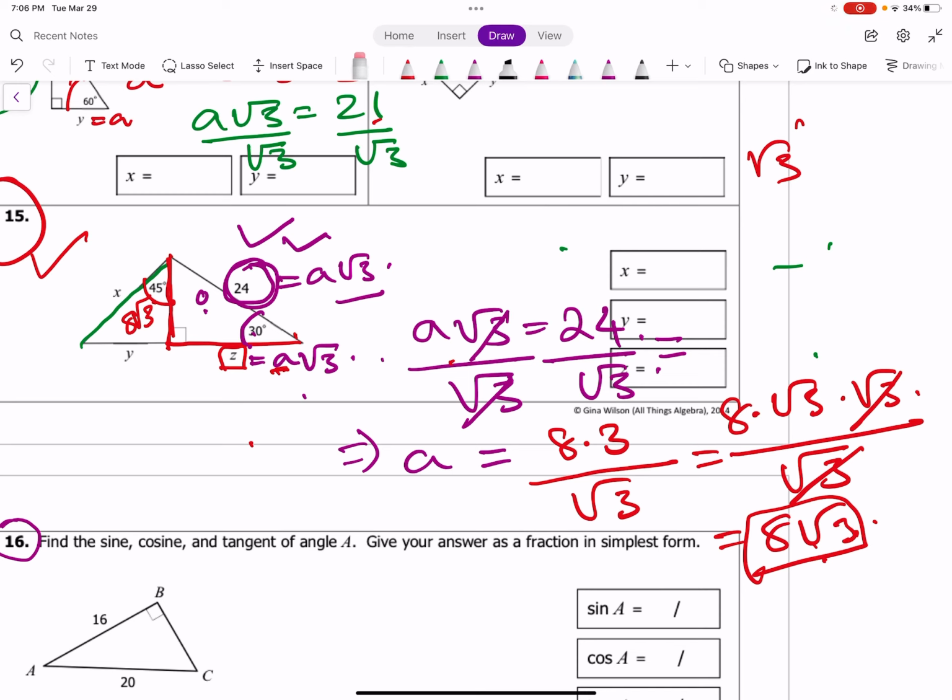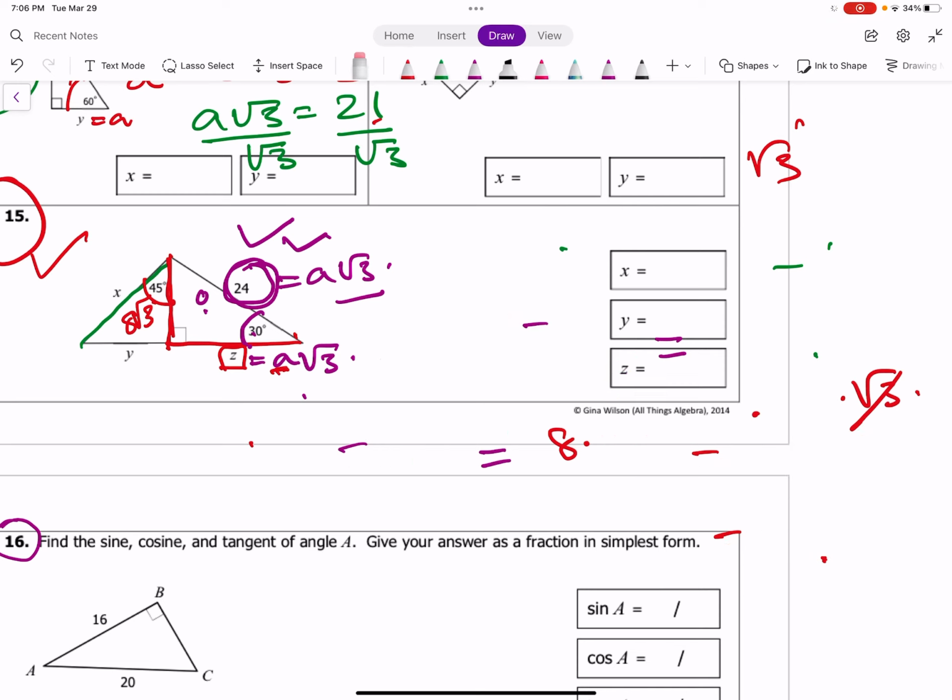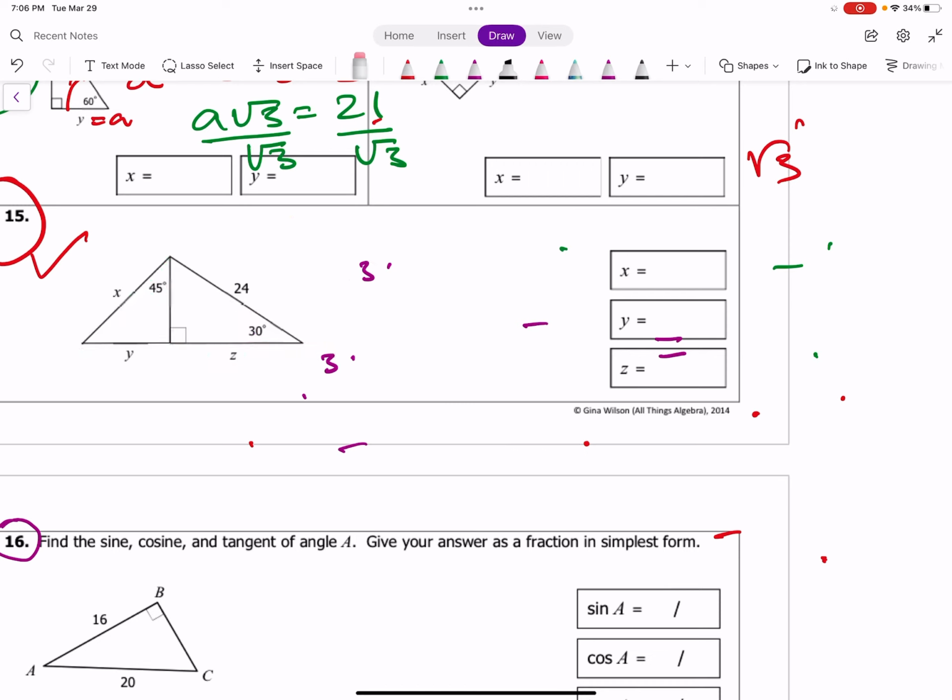No, we did everything wrong. Just forget that one. If this is 30, this one is A, this one is A radical 3, this one is 2A.